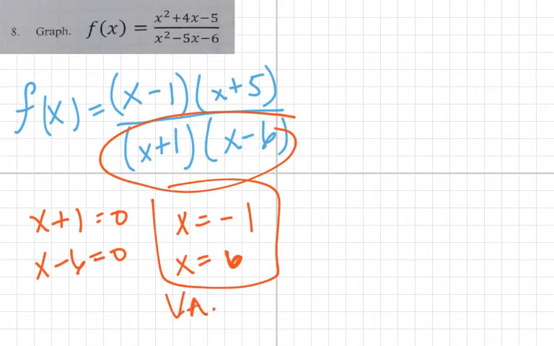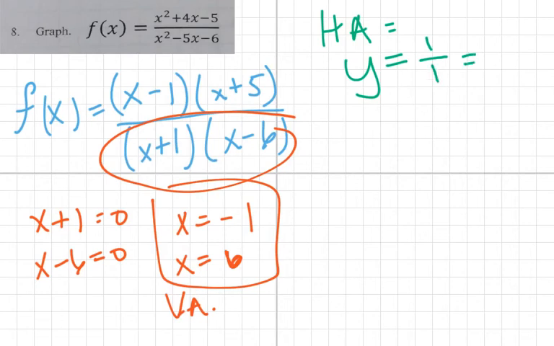Okay, so to find horizontal asymptotes, remember I look at the degree of the numerator and denominator. When those two degrees are equal, like in this case, the degree of the numerator is 2 and the degree of the denominator is 2, then my horizontal asymptote is going to be y equals the leading coefficient of the numerator, which is 1, over the leading coefficient of the denominator, which is 1.